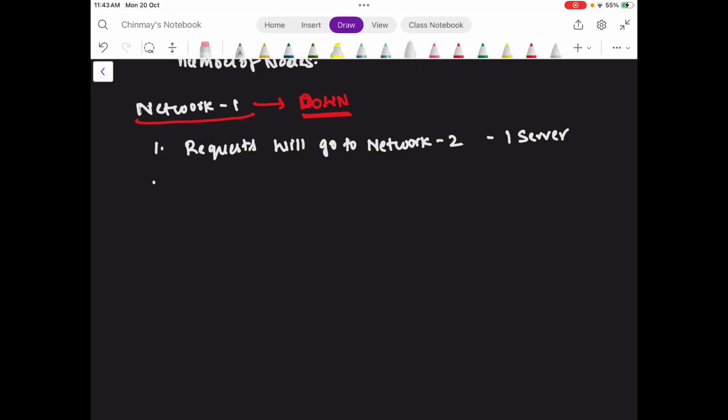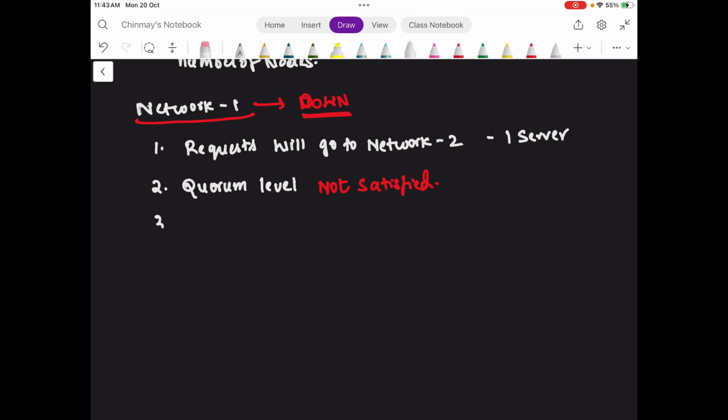Does it satisfy the quorum level? The quorum level is not satisfied.